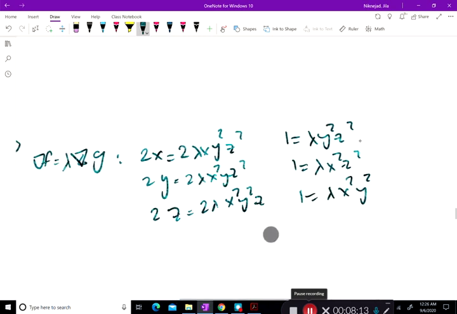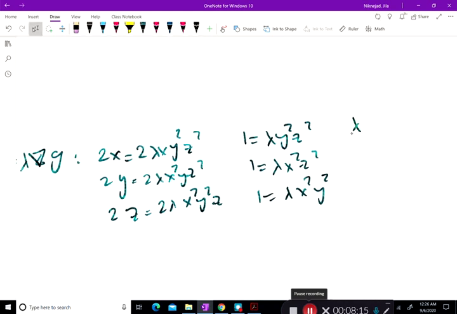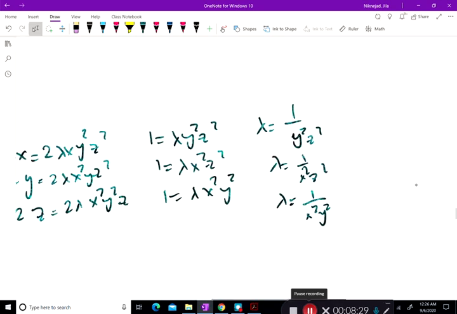Basically you can solve for lambda in each equation, and then set the right side of each equation equal to the right side of another equation and solve.